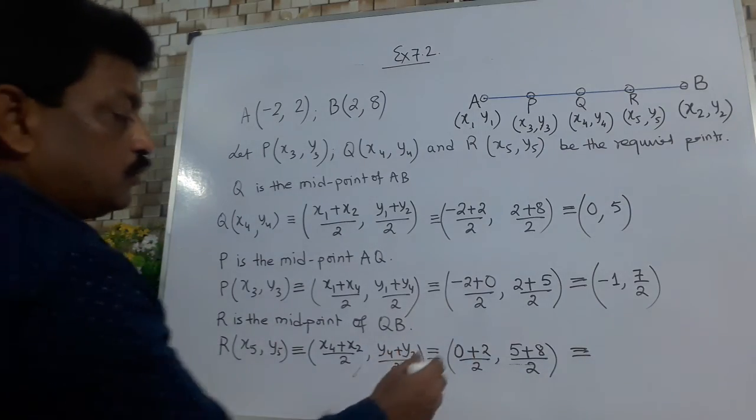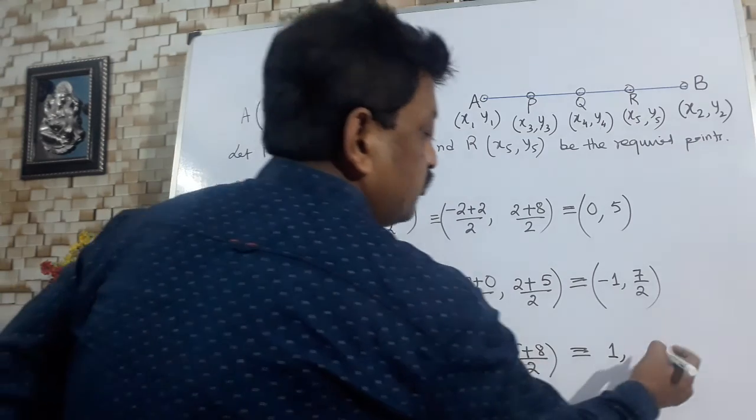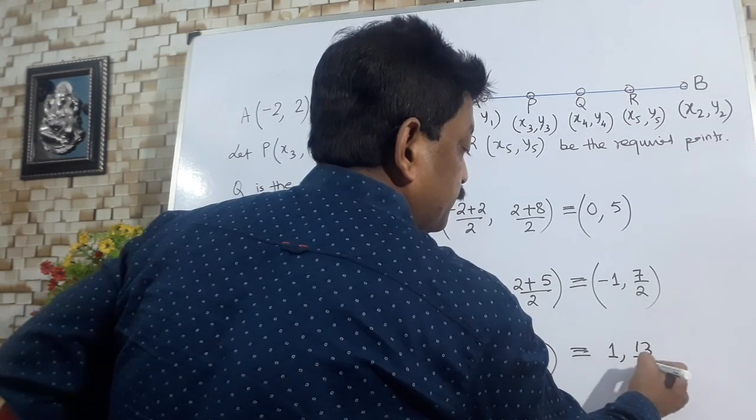So this will be 0 plus 2 is 2, 2 upon 2 is 1, and this will be 5 plus 8, 13, 13 upon 2.